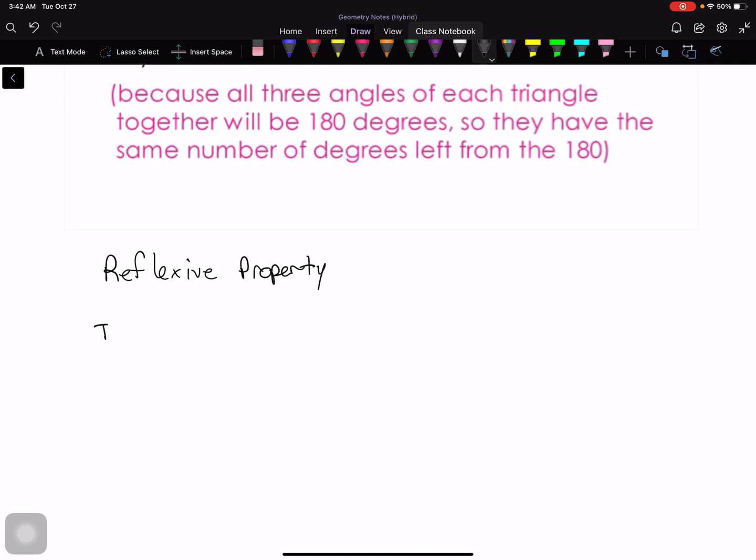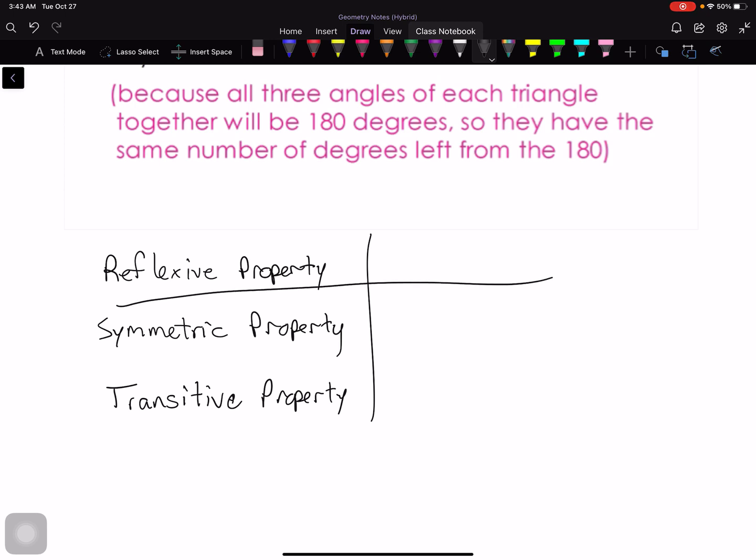The second one is called the symmetric property. And the third is called the transitive property. So just add these somewhere in your notes. We just want to make sure we have them again for later. It was something that we normally would have discussed in Unit 2, but we decided to pull it and put it into Unit 3.